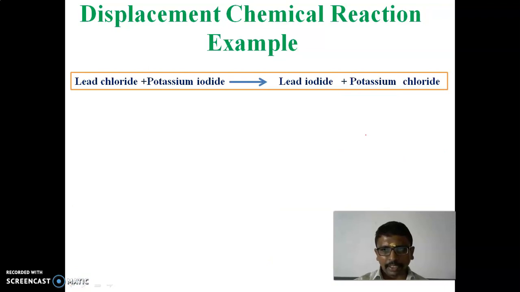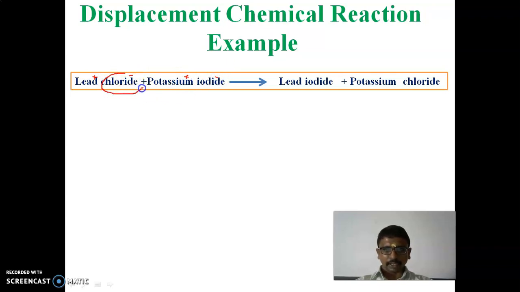And the next example is lead chloride plus potassium iodide gives lead iodide plus potassium chloride. So here lead is the cation and chloride is the anion. Here potassium is the cation and iodide is the anion.